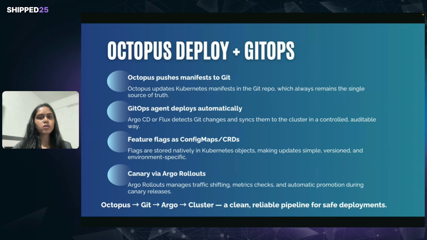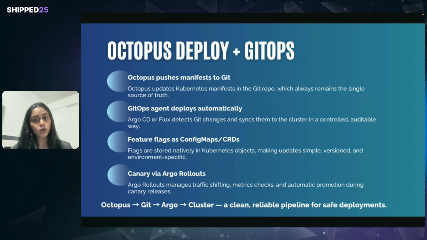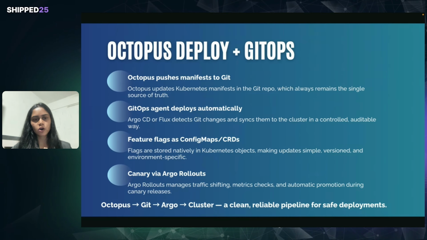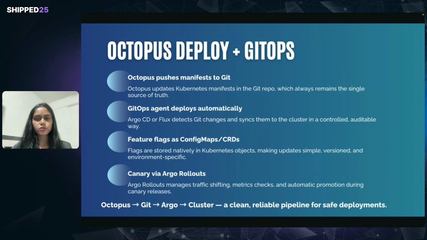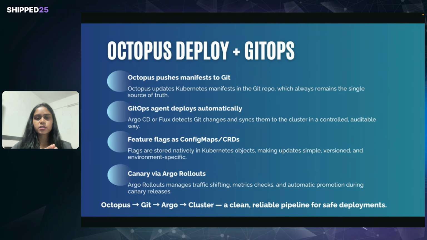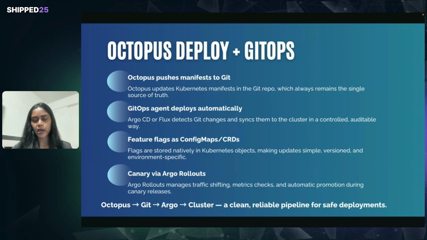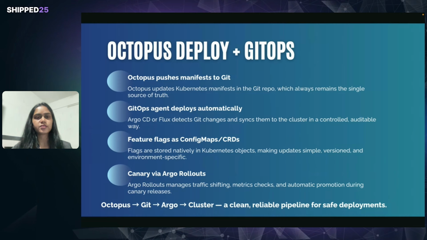All of these things can be taken care of by rollout strategies. If we put all these bullet points into one, your flow is going to look like Octopus to Git, from Git to Argo CD, and from Argo CD to cluster. This is how a clean and reliable pipeline with a blend of automation, versioning, and safety is going to look.